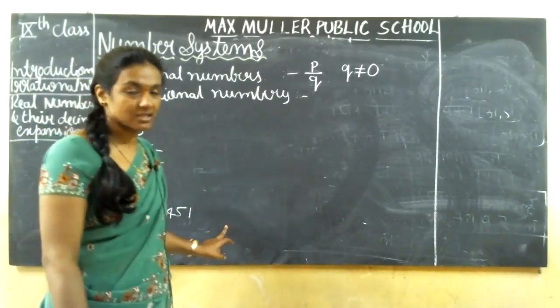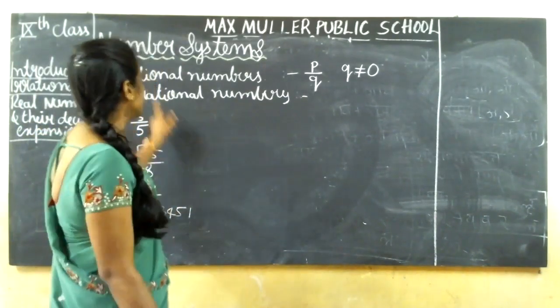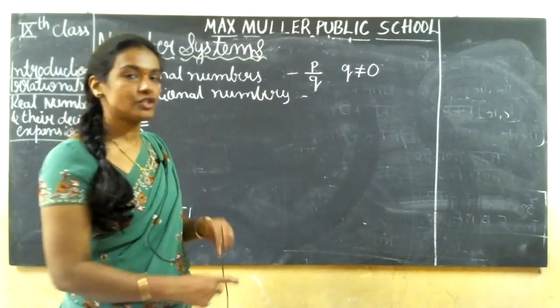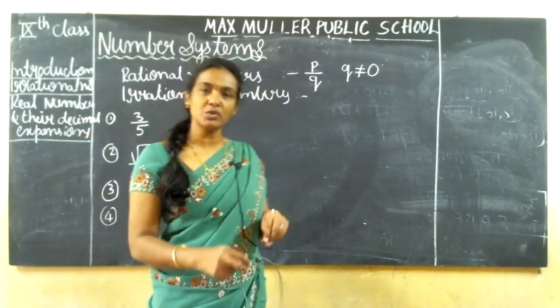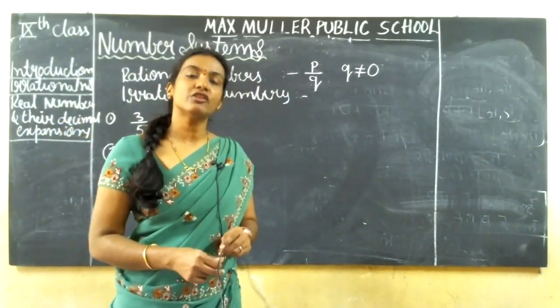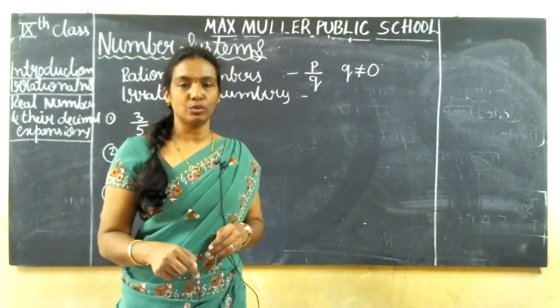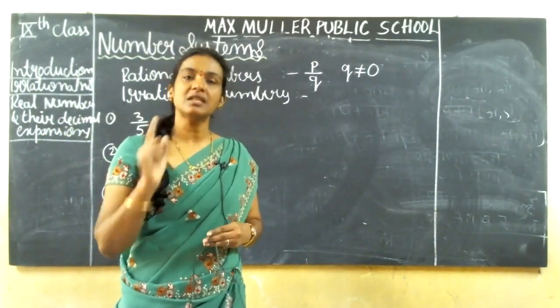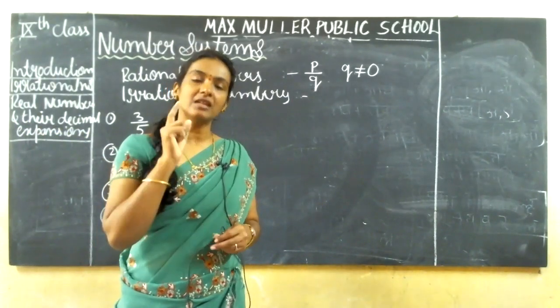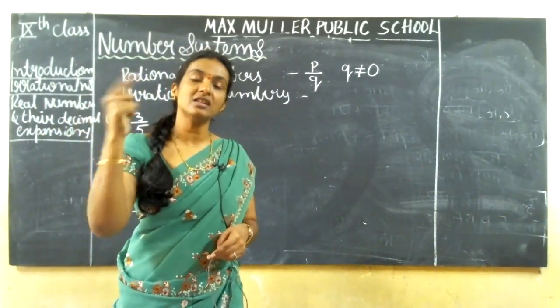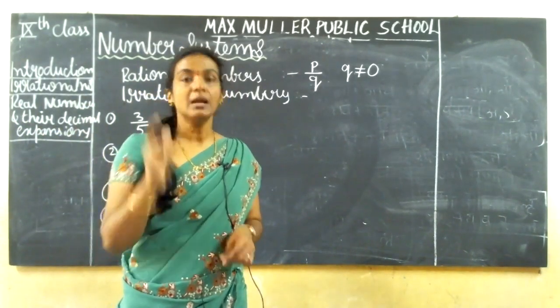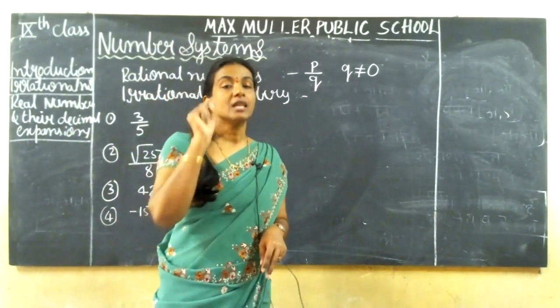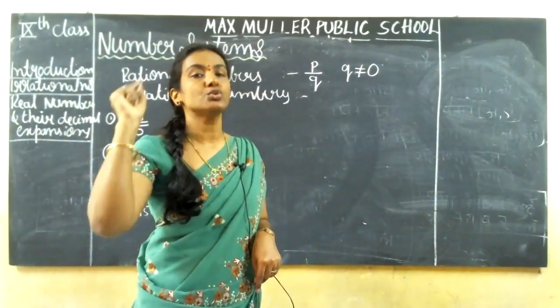Think over this: are all the numbers rational, irrational, or mixed? As we know, the definition of a rational number is a number which can be represented in the form of p by q, as a ratio. But you have to make sure that q is not equal to 0.